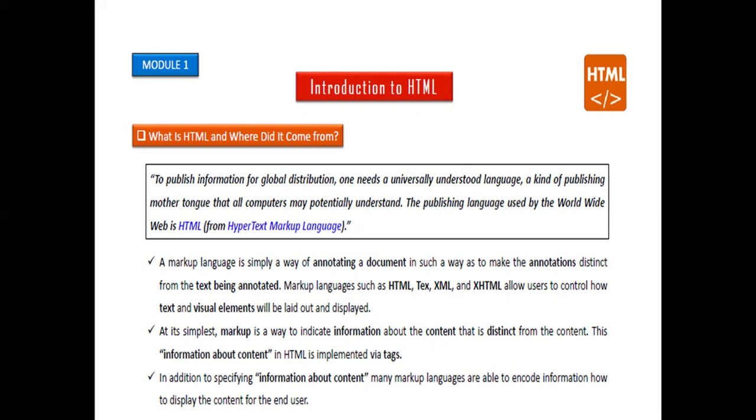So what is HTTP? Hypertext Transfer Protocol. Here also we have Hypertext Markup Language, so the hypertext is the same. Hypertext is nothing but text, whatever information we want to send, in text format.